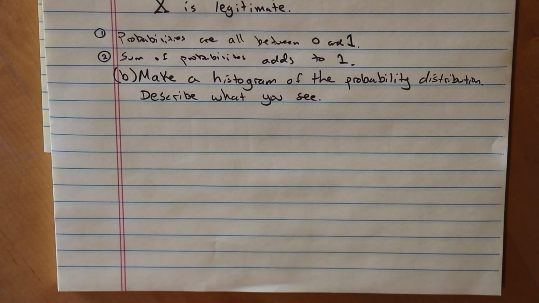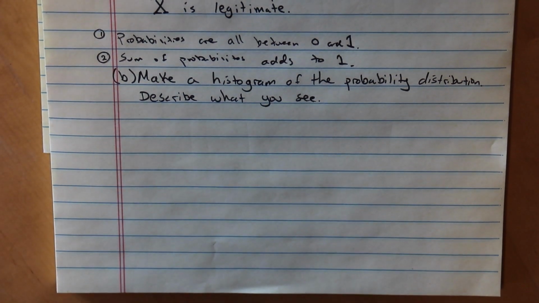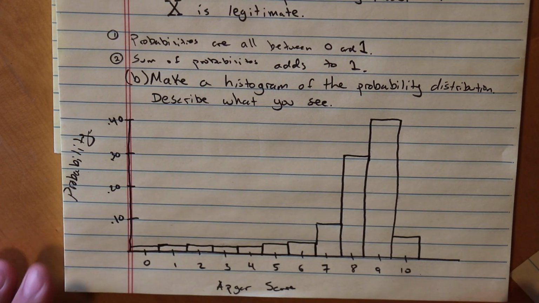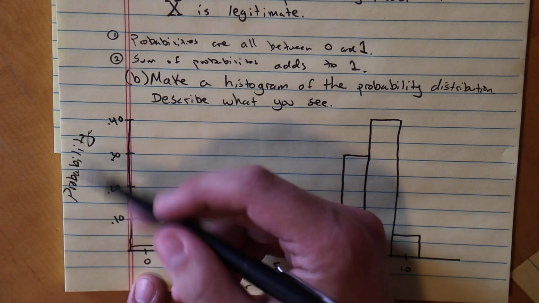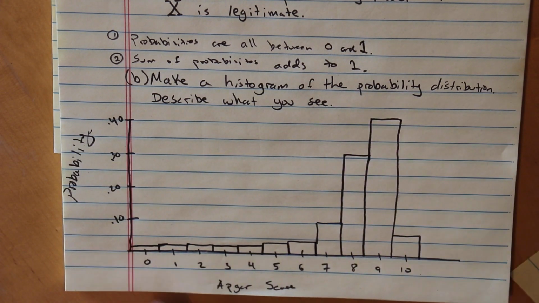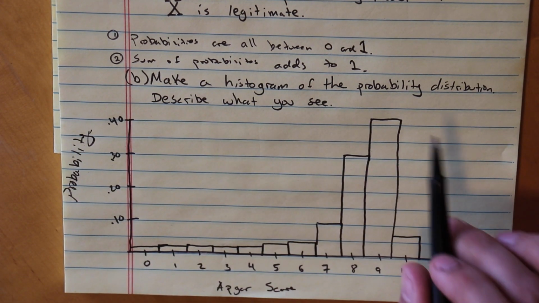Make a histogram of the probability distribution and describe what you see. So here is a histogram of the values of the Apgar score. It's a really nice looking picture here. Apgar score clearly labeled, probability clearly labeled, reasonable heights. So we've made the histogram of the distribution.